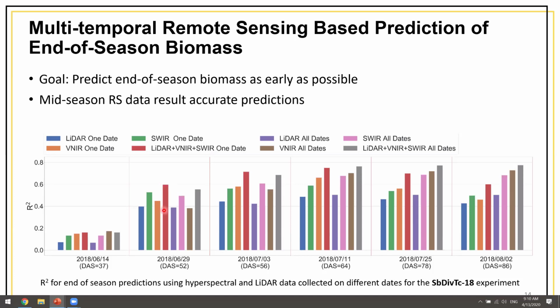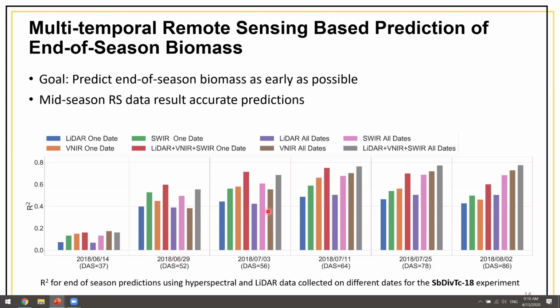This red bar shows what accuracy you would get if you collect all this data on that one date. And these four show the same LiDAR, SWIR, linear, and all of the data from this date and also the dates prior to that.